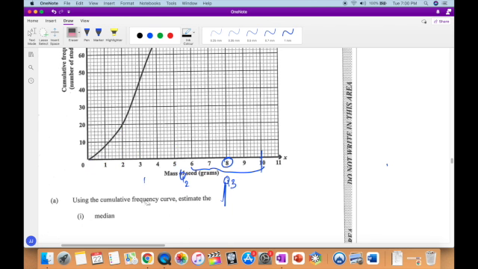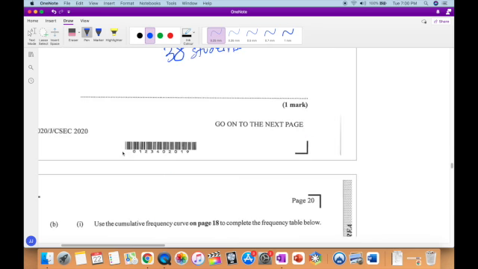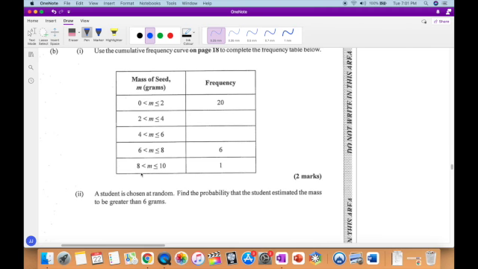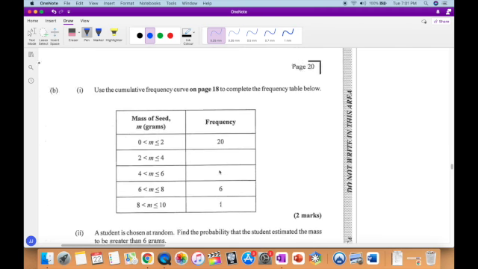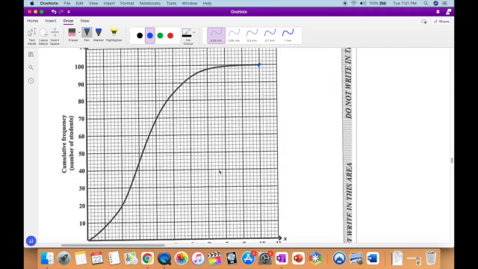Let me just erase all of this. Now let's look at this underneath one here. Between 8 to 10 grams, one student said that. So let's see how that makes sense.